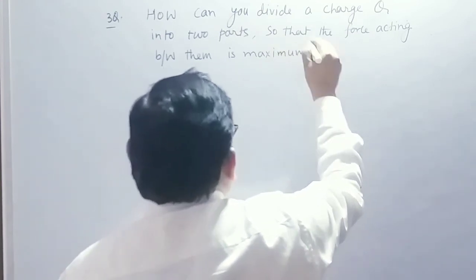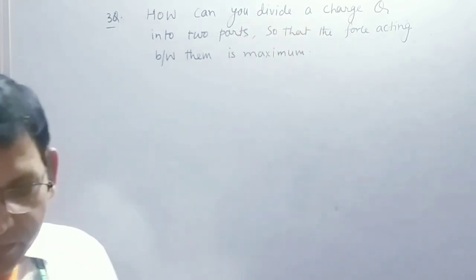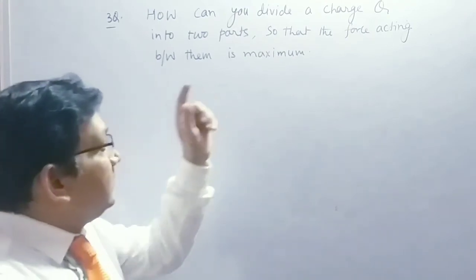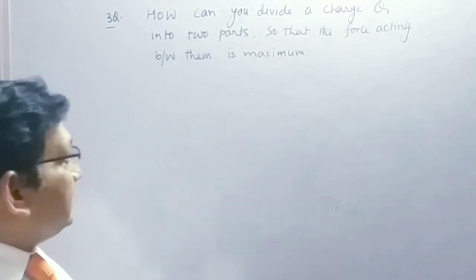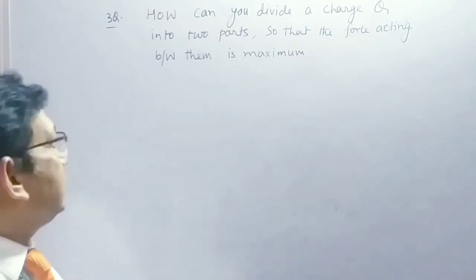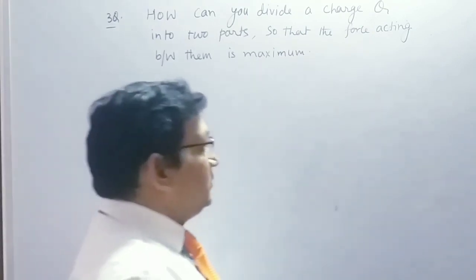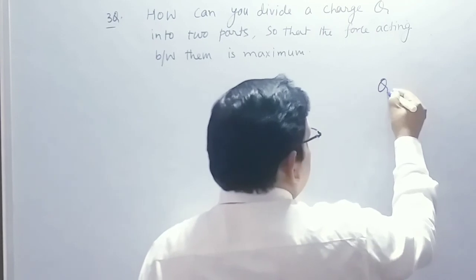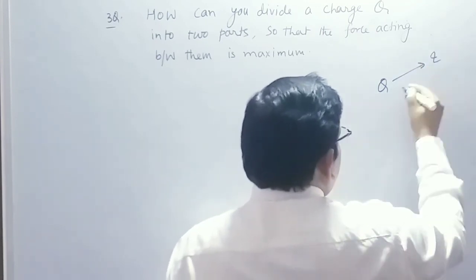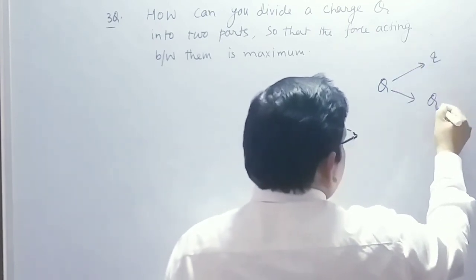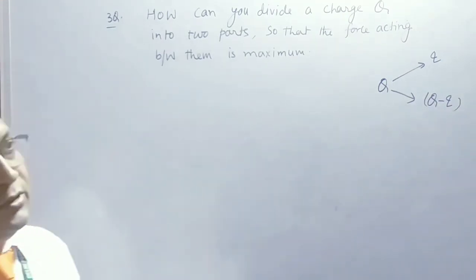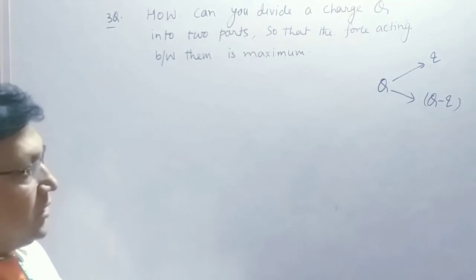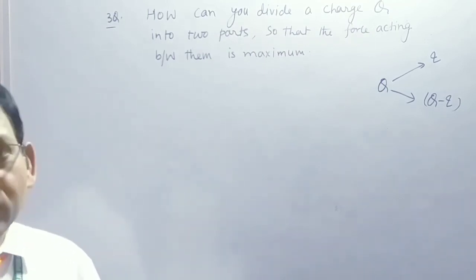So you have to divide a charge capital Q into two parts in such a way that the force acting between them is maximum. So if one of the charges is q, then the other charge will be Q minus q. Got it?